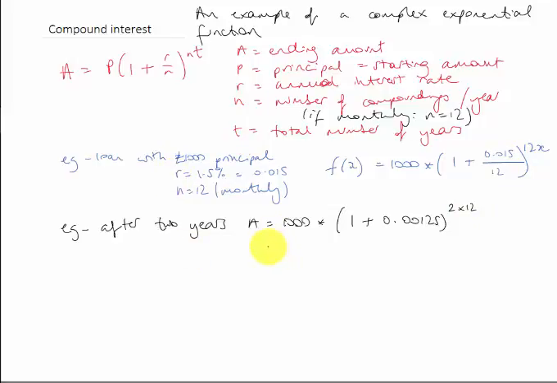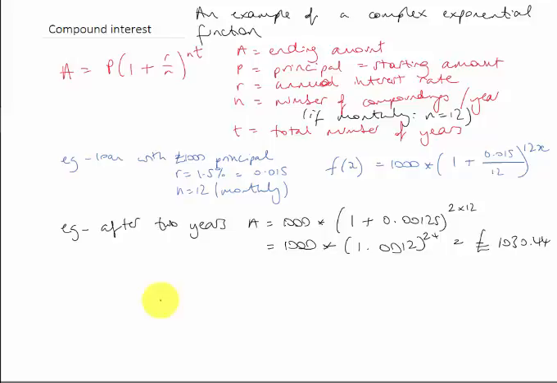And that is 1,000 times 1.00125 to the power 24, and so that gives us £1,030.44, which doesn't sound all that impressive.